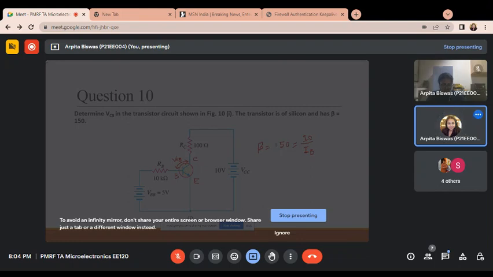Yes, minus. No. Try it. You can take your time. And other students also, Samuel and Tarun, please try. Okay, take your time. Then the collector to emitter voltage, that is VCE, is coming as 3.55 volts. Okay. Right.